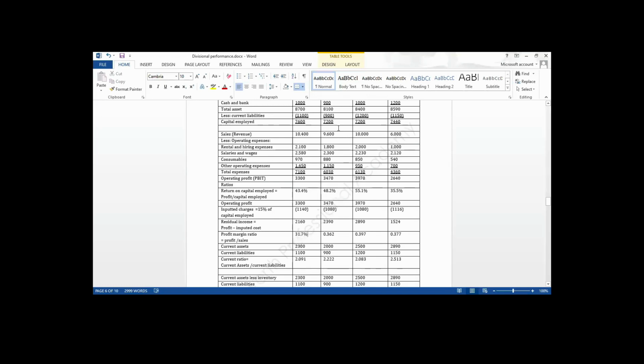Still under Owerri 2019. Operating profit 3,470. Revenue 9,600. Multiply by 100. What do you have? 36.1%. 36.14, abi? Yes, sir.